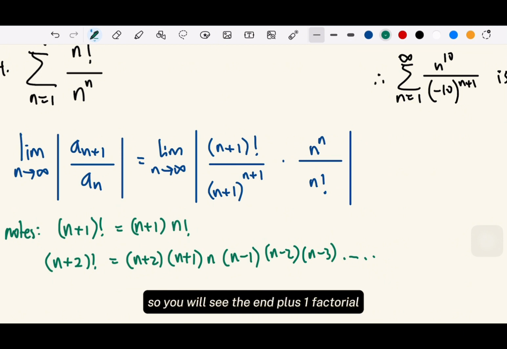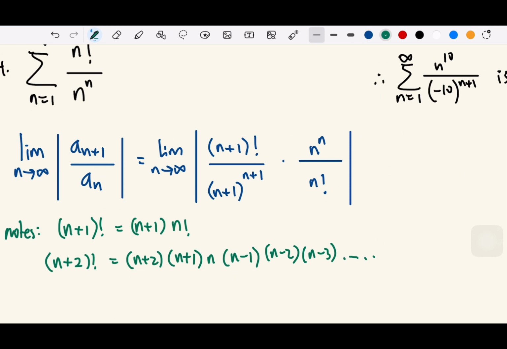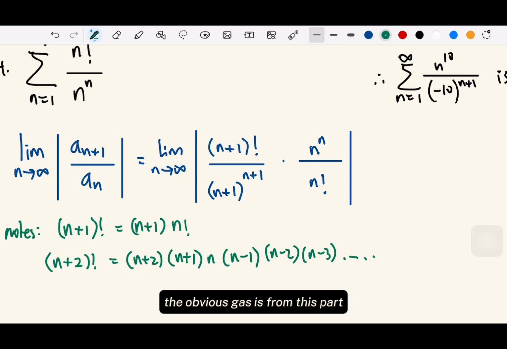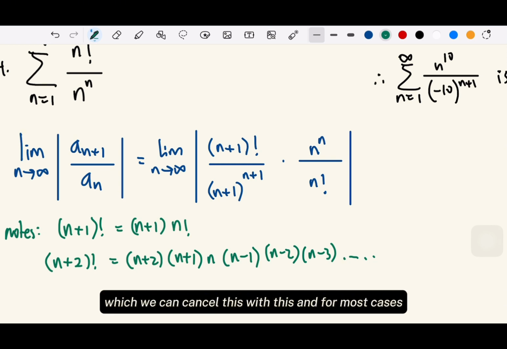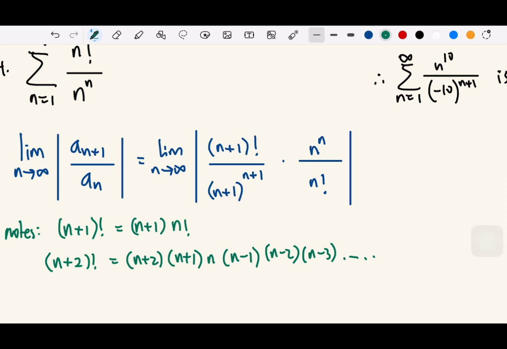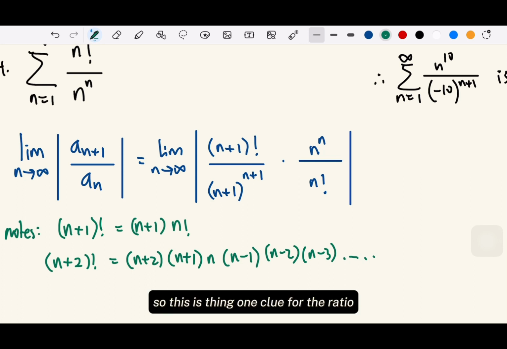You will see the (n+1) factorial and then the n factorial. The obvious guess is that we can exchange this with this, so we can cancel this with this. For most ratio tests, this will likely happen. So this is one clue for the ratio.